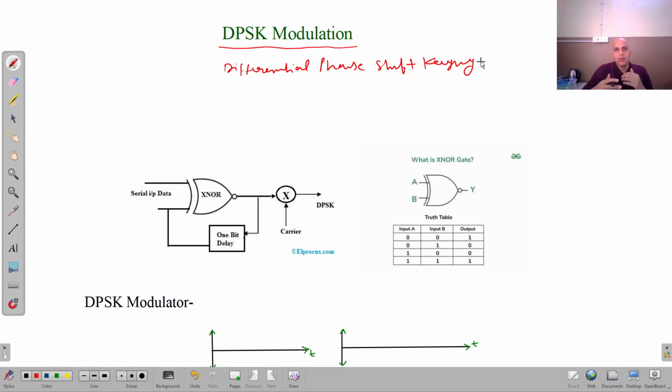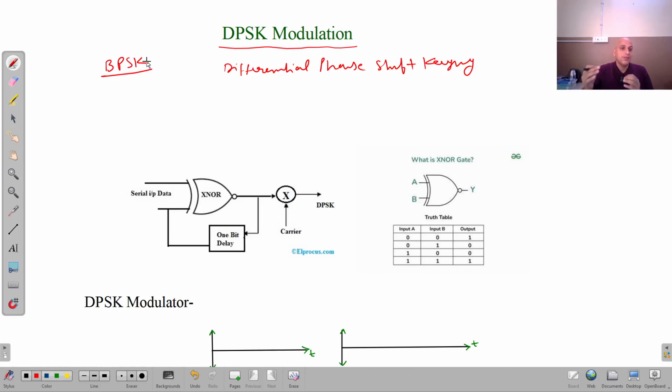Why is this differential phase shift keying required, why was it invented? To answer this question we have to go back to BPSK. In BPSK, we know very well the problem arises when we want to decode or demodulate the BPSK signal.